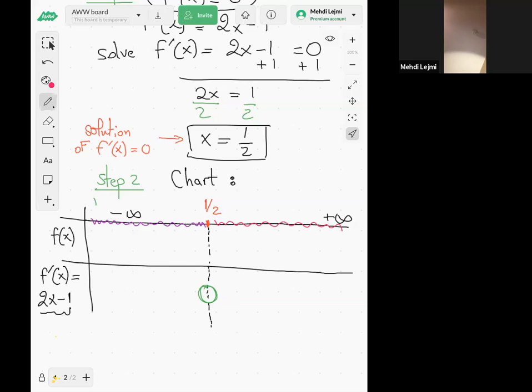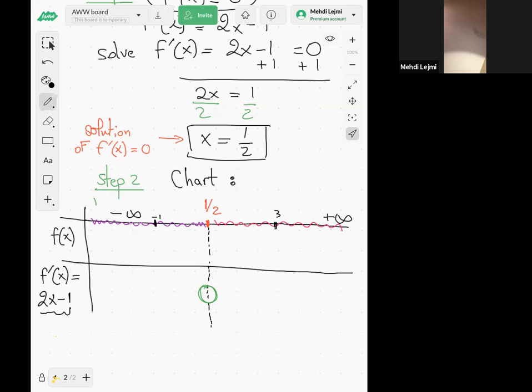Now I want to determine the sign of the derivative. So I'm going to pick a random number on the first interval, from negative infinity to half. For example, let's say -1. And between half and positive infinity, I'm going to pick 3.